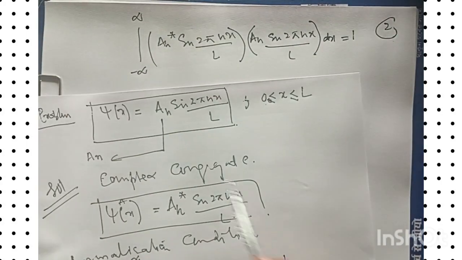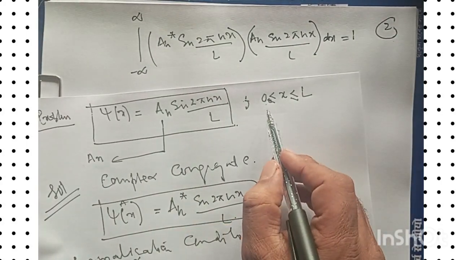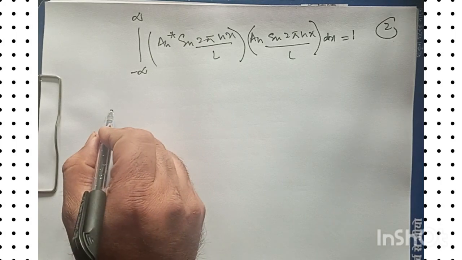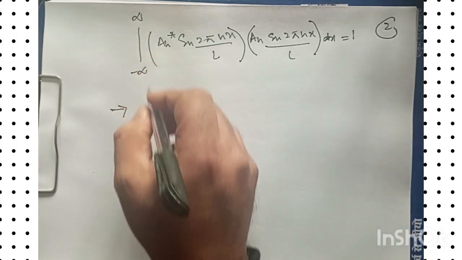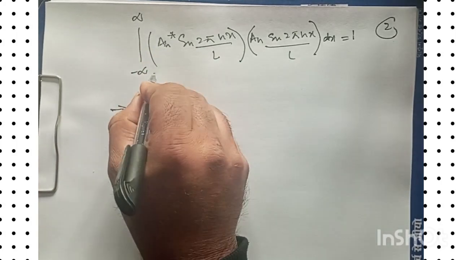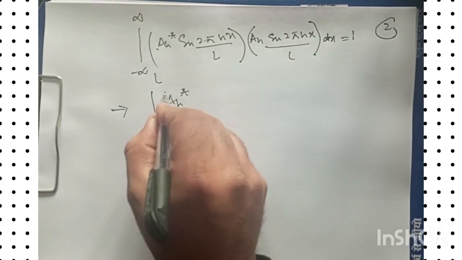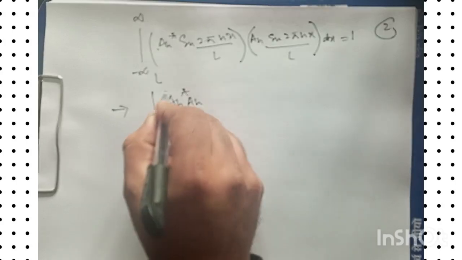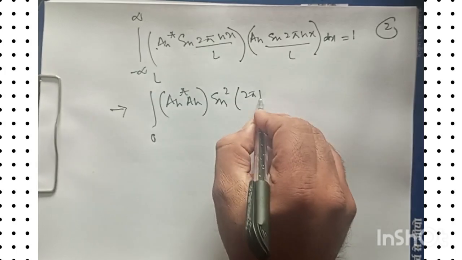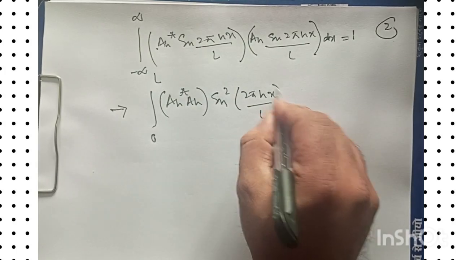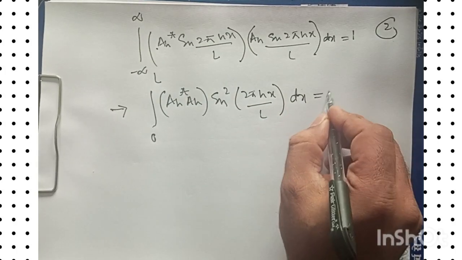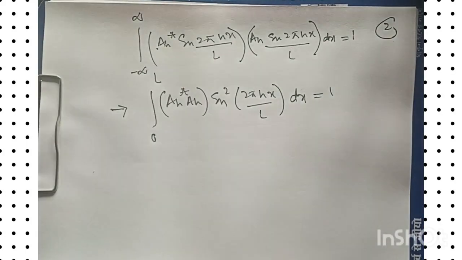As we understand that in the problem, the limit of this problem is given from 0 to L, so we can immediately replace these limits by 0 to L. So I will have An star An here, and I will have sine square 2 pi nx by L dx equal to 1. That should be the case.